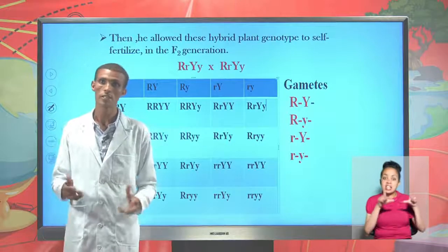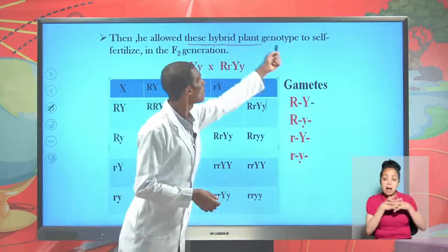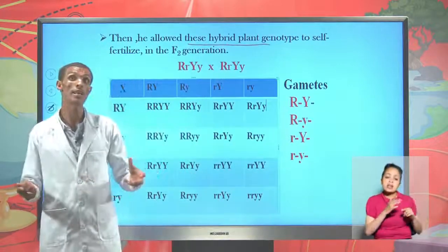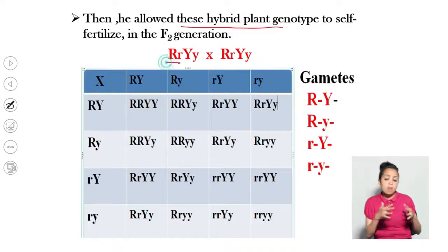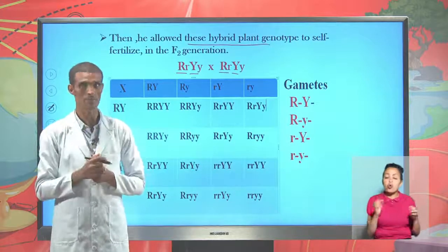Good. Then he allowed this hybrid genotype to be self-pollinated. Be sure there is one monohybrid here, and another monohybrid together here. In a dihybrid, two monohybrids come together.